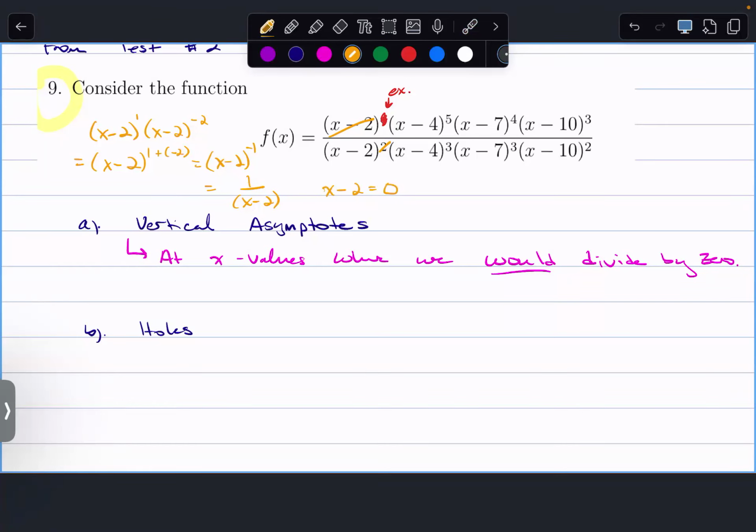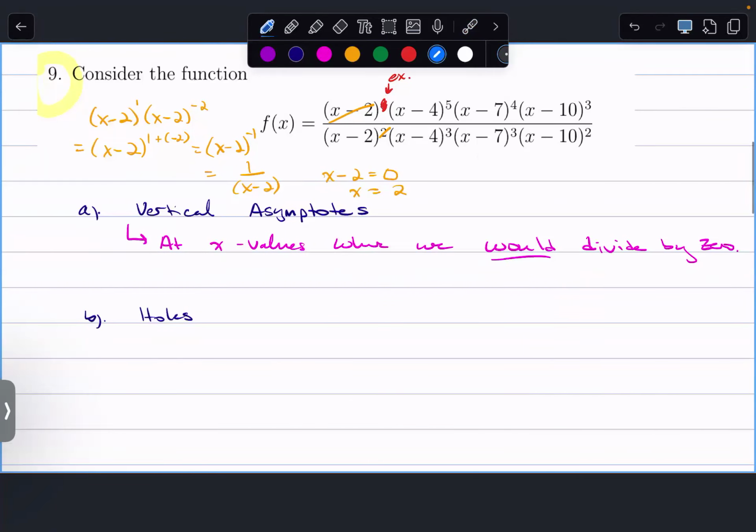That's bad, right? And so if you solve for x, you get x is equal to 2. But usually you can just see it, right? If it says x minus 2, then you know 2 would make it 0, right? And so here, we would have a vertical asymptote at x equals 2.